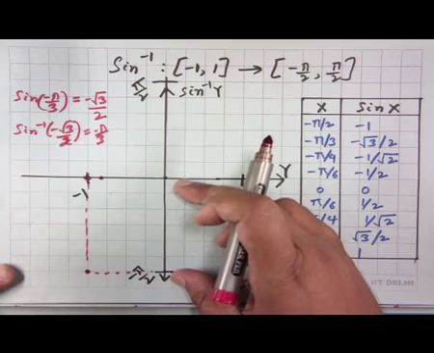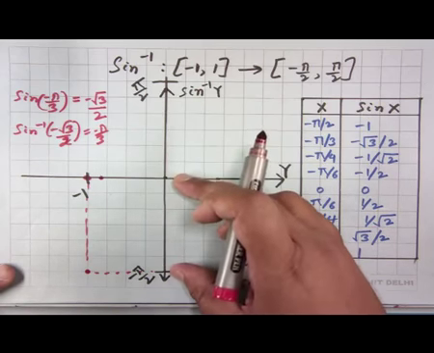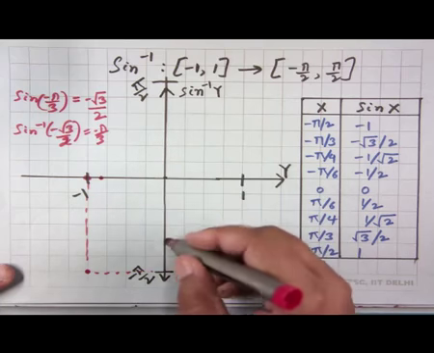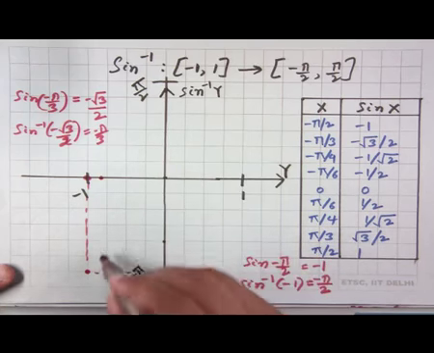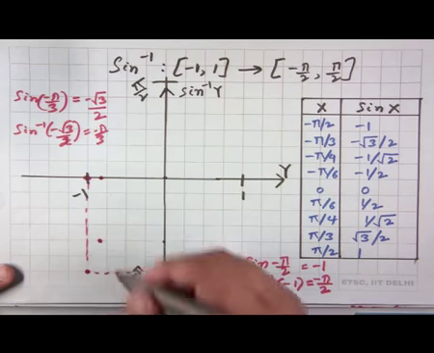This is -π/2, so 2/3 of this will be -π/3. Since this is 6 units, it will be somewhere here.